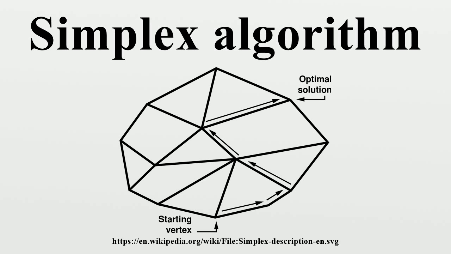Simplex tableaus. A linear program in standard form can be represented as a tableau of the form: the first row defines the objective function and the remaining rows specify the constraints. If the columns of A can be rearranged so that it contains the identity matrix of order p, then the tableau is said to be in canonical form.